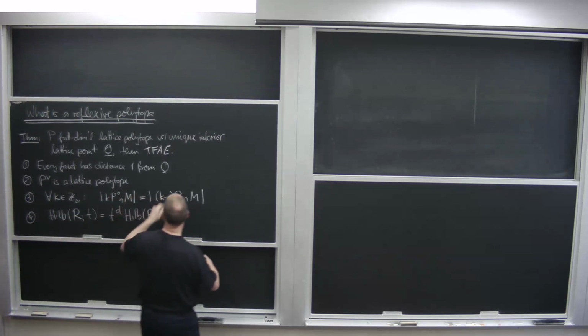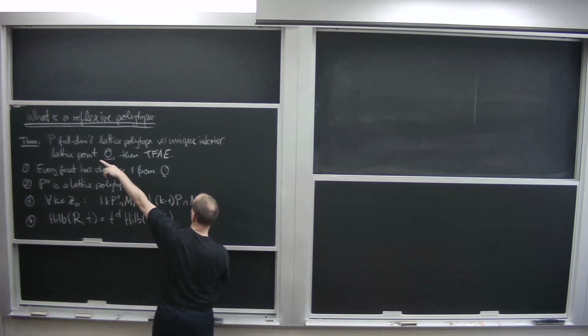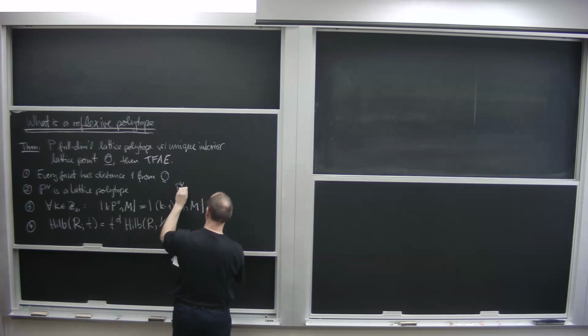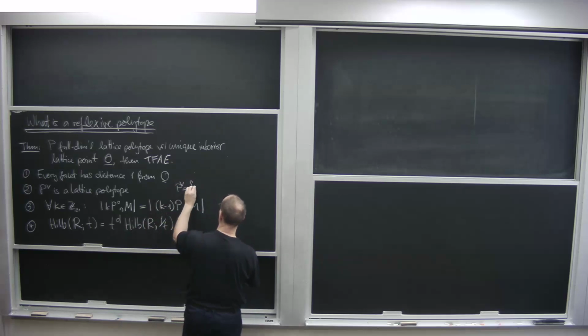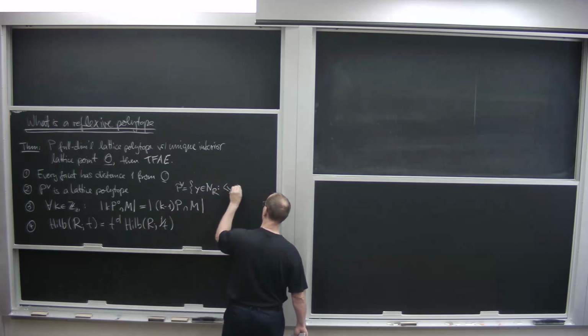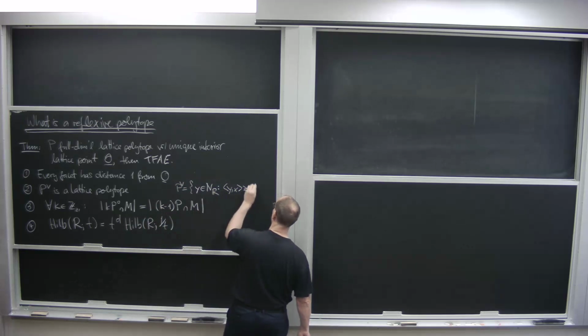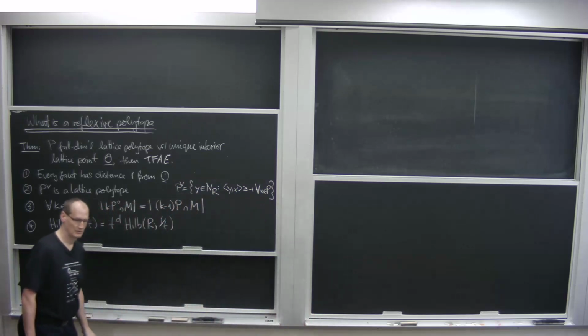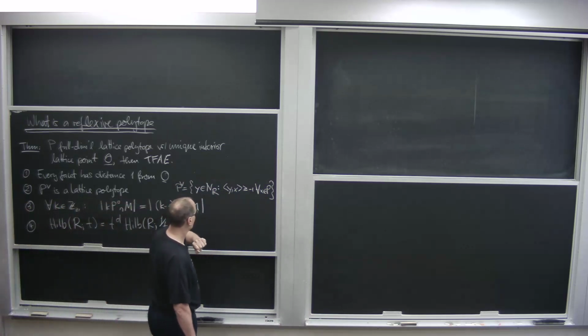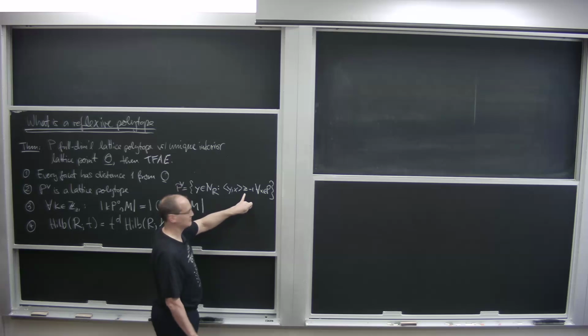So P is a polytope in the lattice M, and then P dual or P polar is the set of all points y in the vector space associated with the lattice N, the dual lattice, so that ⟨y, x⟩ is greater than or equal to -1 for all x in P. In polytope land you would write less than or equal to 1.